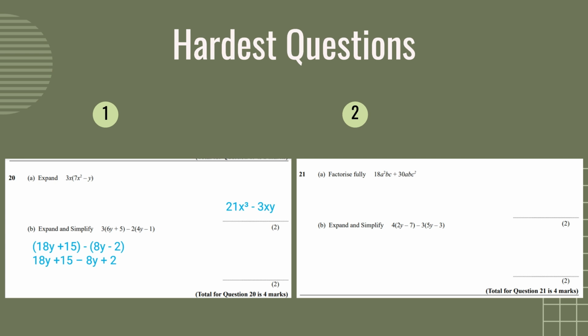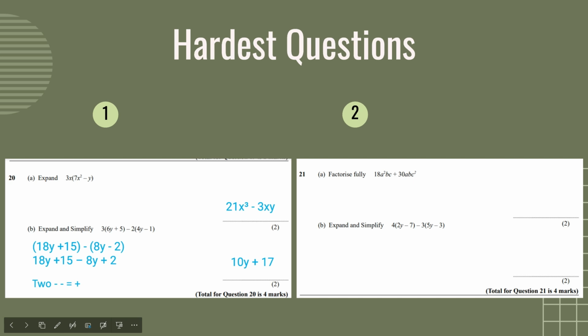We then times our second bracket by the minus to get 18y plus 15, as the original bracket stays the same, minus 8y plus 2. And if you didn't know, a minus times a minus equals a positive. So we then simply add and subtract our like terms together to get 10y plus 17 as our final answer.